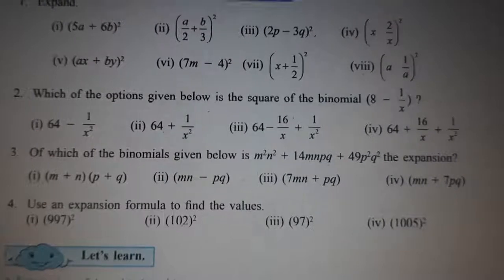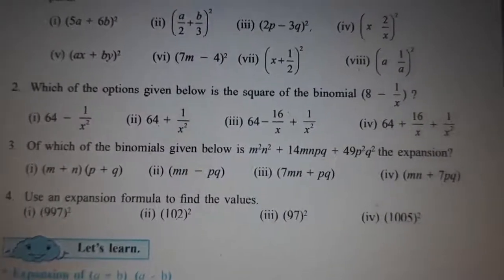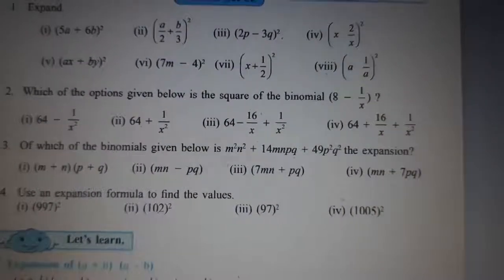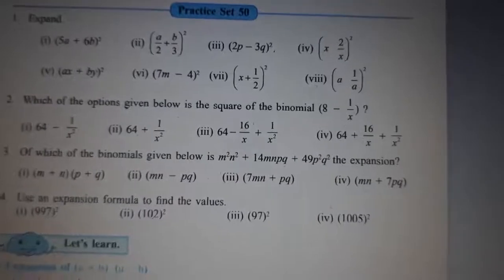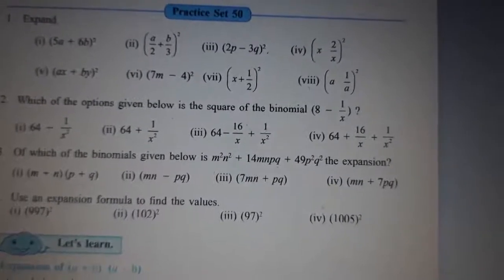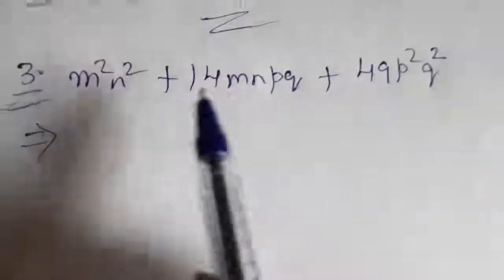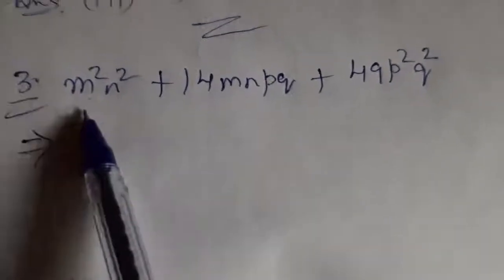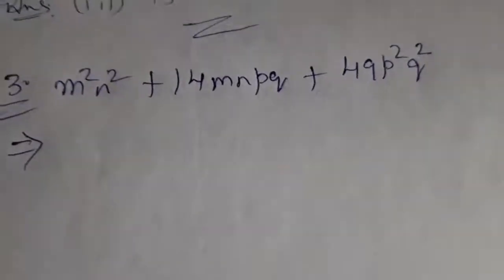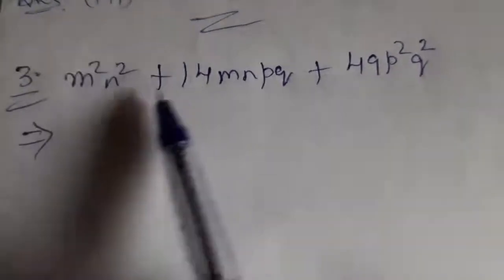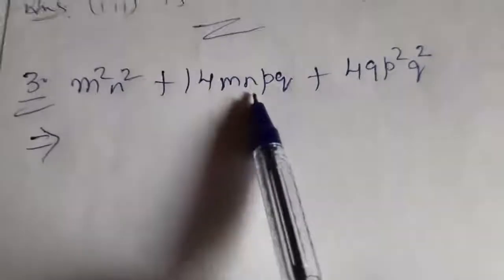So let's find out, children. First we'll have to solve the binomial. The expression is given, children: m square n square plus 14 mn pq plus 49 p square q square. You have to check out what can be done. This is the final answer they have given.